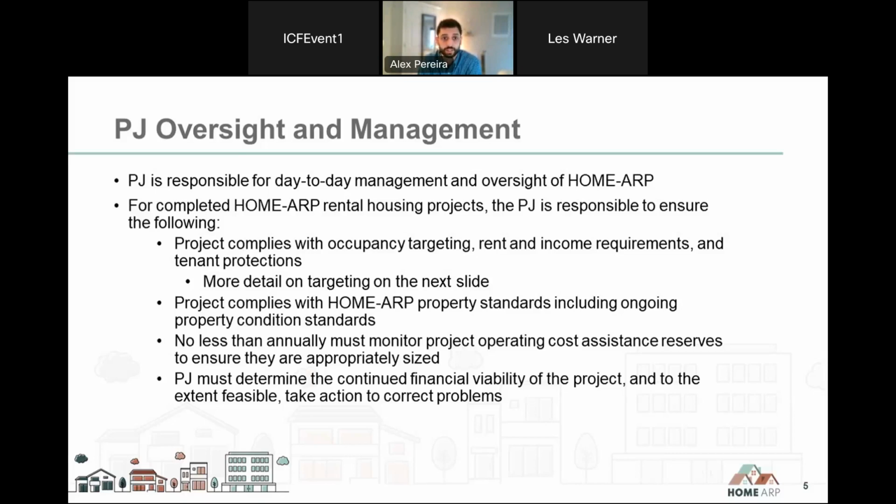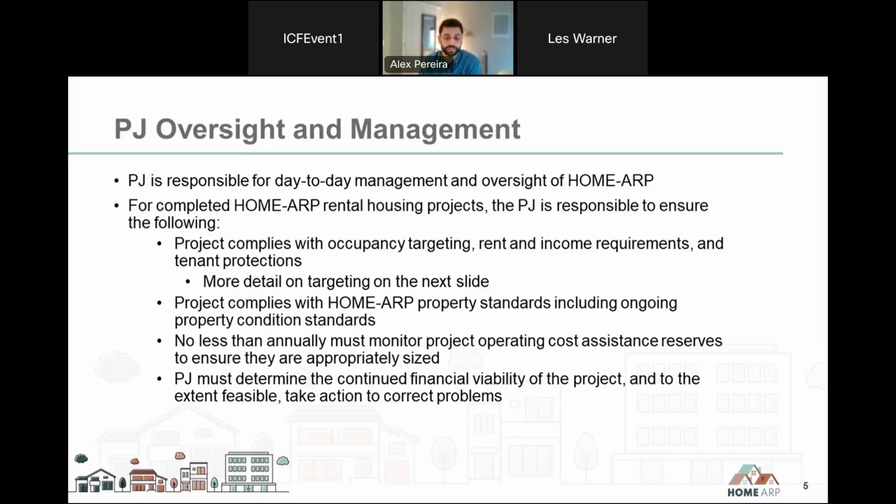And those include making sure that, one, the project complies with occupancy targeting, and we'll talk about that on the next slides a little bit more, that the project complies with the rent and income requirements of HOME-ARP and the tenant protections. Additionally, the PJ must ensure that the project complies with property standards, and that includes ongoing condition standards.